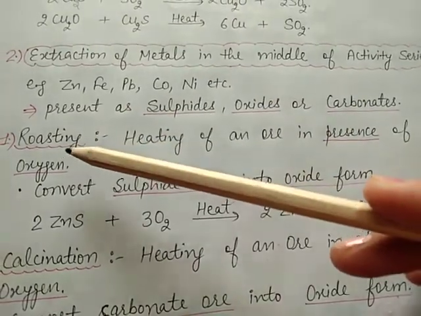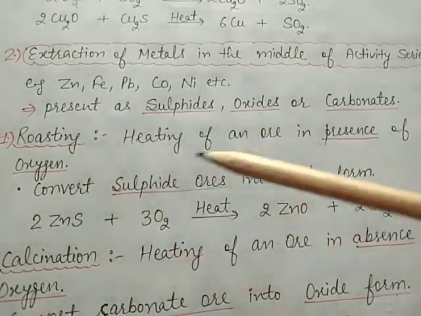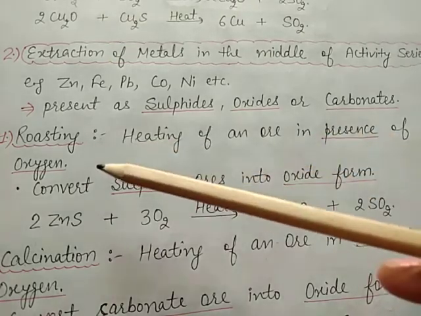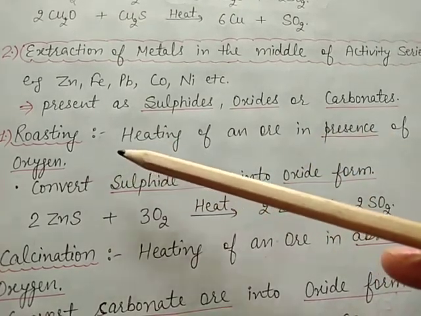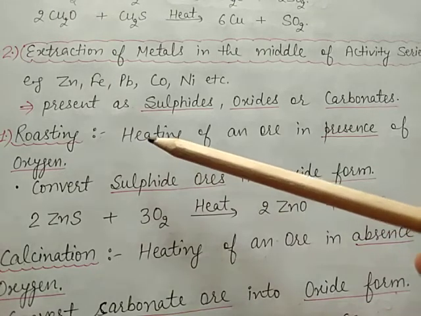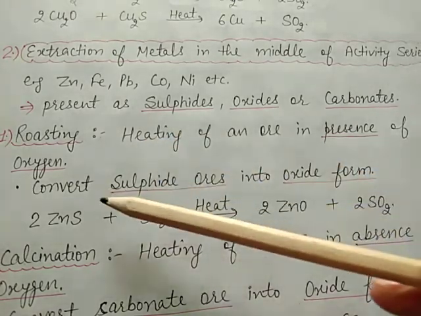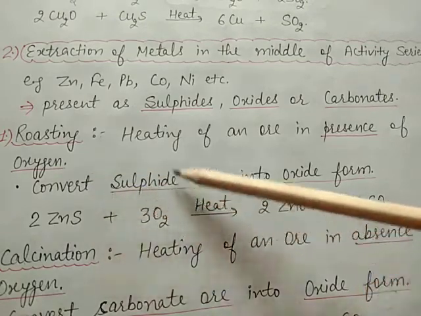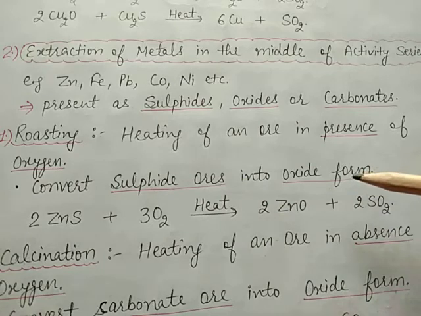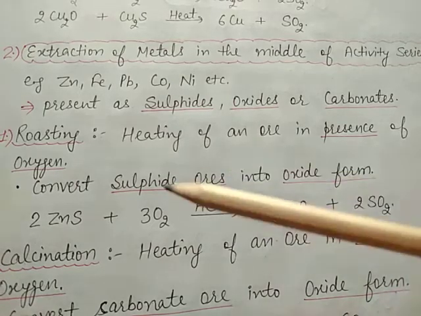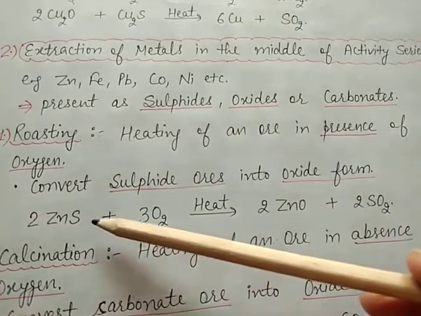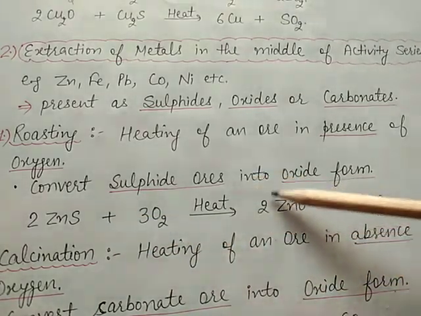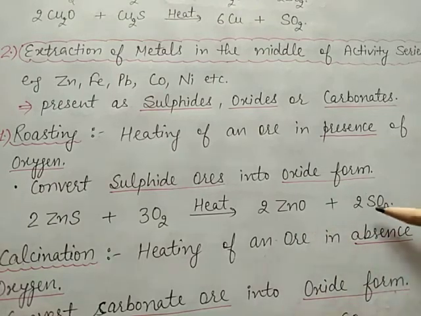Now, the first step is roasting. Roasting means heating of an ore in presence of oxygen. Roasting converts the sulfide ores into oxide form. For example, this is zinc sulfide. In presence of oxygen, after heating, it will form zinc oxide plus SO2.